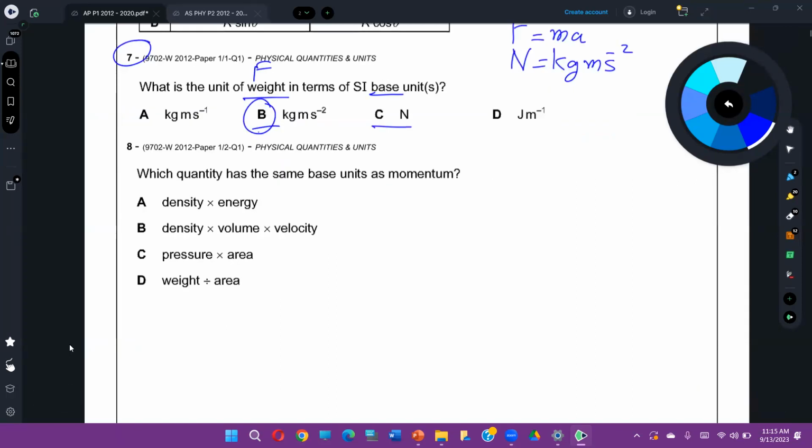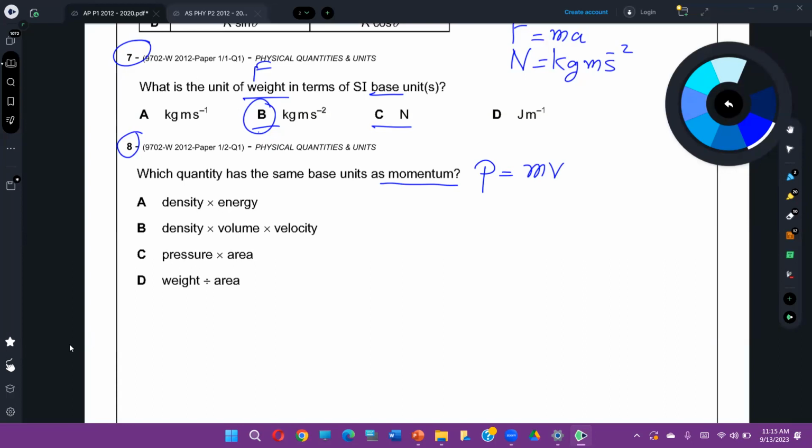Now look at question number 8. This is something I had cleared in yesterday's class also: you will find many times quantities which you haven't studied yet, like momentum, but which you have done in O-level physics. Momentum is P. The formula for momentum is mass into velocity. Which quantity has the same base unit as momentum?